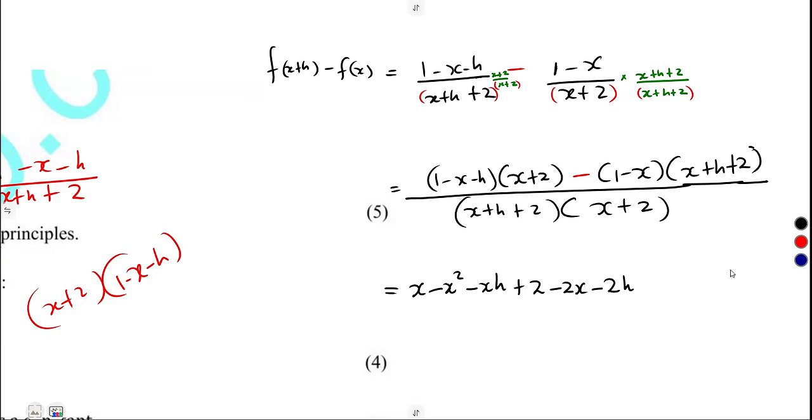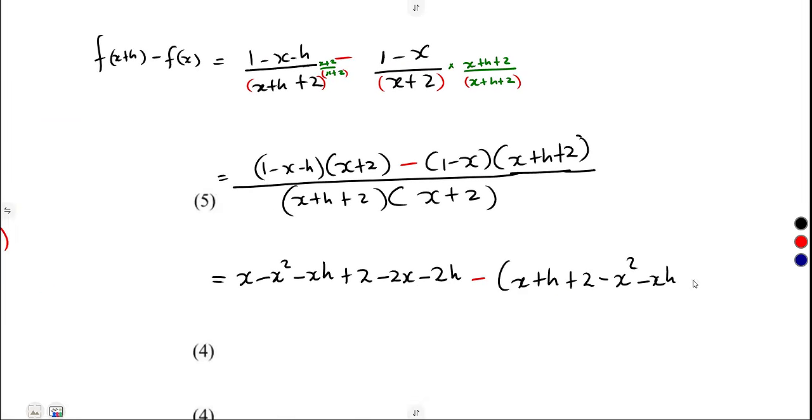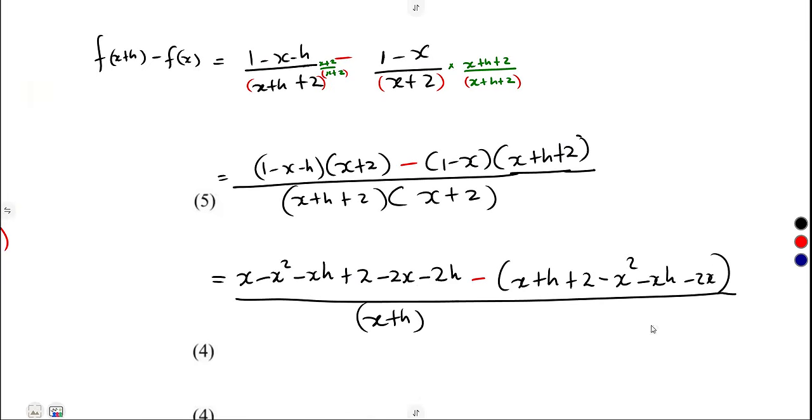This is what you must obtain. You do the same thing on this part, minus, you expand these two brackets, ignoring the negative. You're going to obtain something like x plus h plus 2 minus x squared minus xh minus 2x. So guys, know your expansion of brackets, everything over the denominator.